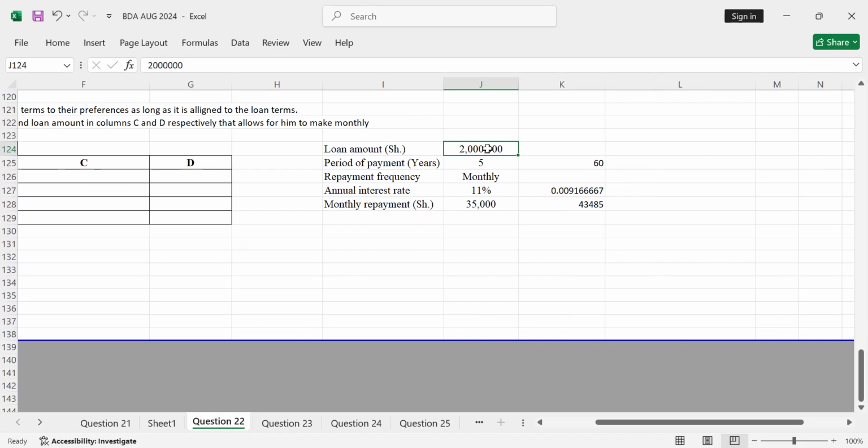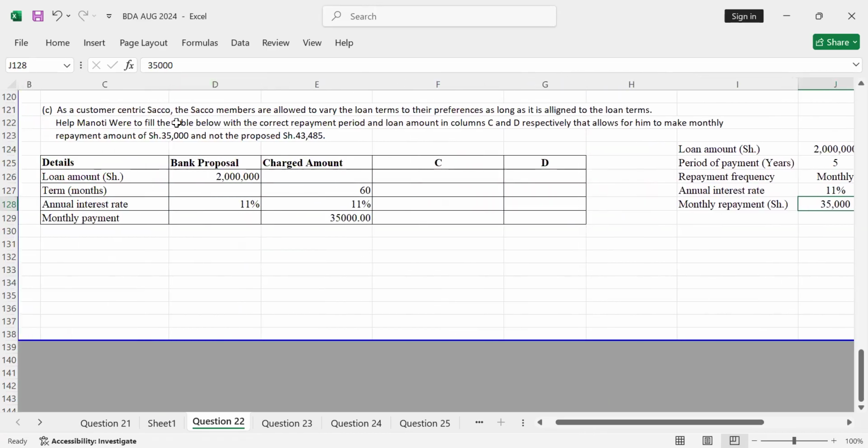How we get the future value of an annuity, as we are using the rates here. So we need to understand the question.